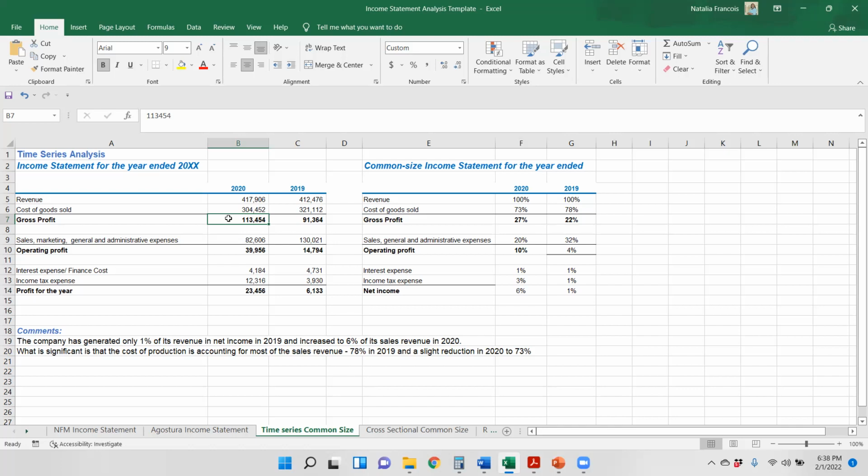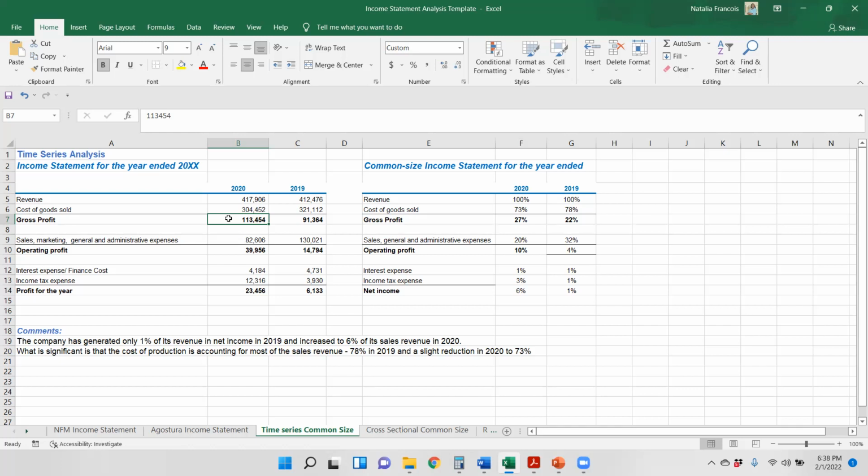Cost of goods sold, we're seeing a reduction, right? So I made a comment. You have to comment on your findings. My comment is, the company has generated only 1% of its revenue in net income in 2019.